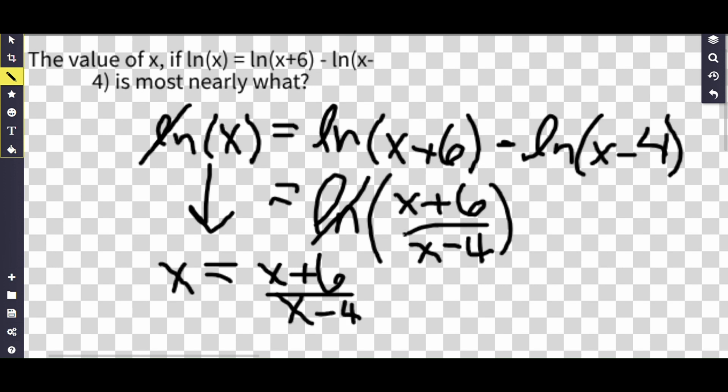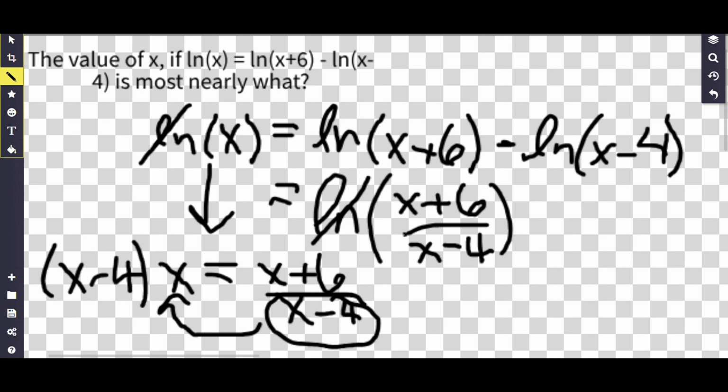We're not necessarily done, because we need to solve for x. The best way to do that is to bring this x minus 4 over here, and then you'll find through foiling that the entire process of x minus 4, and then accounting for this x plus 6 that I just circled, will give you the following answer.